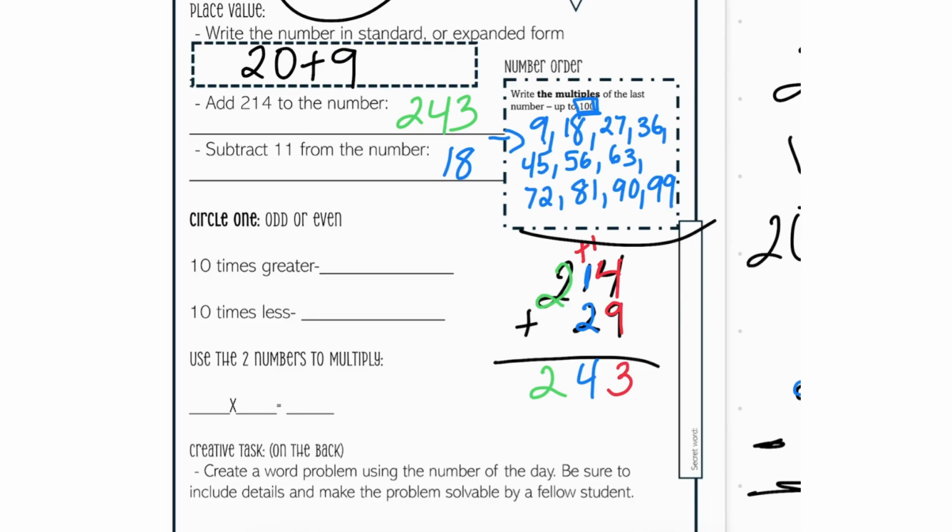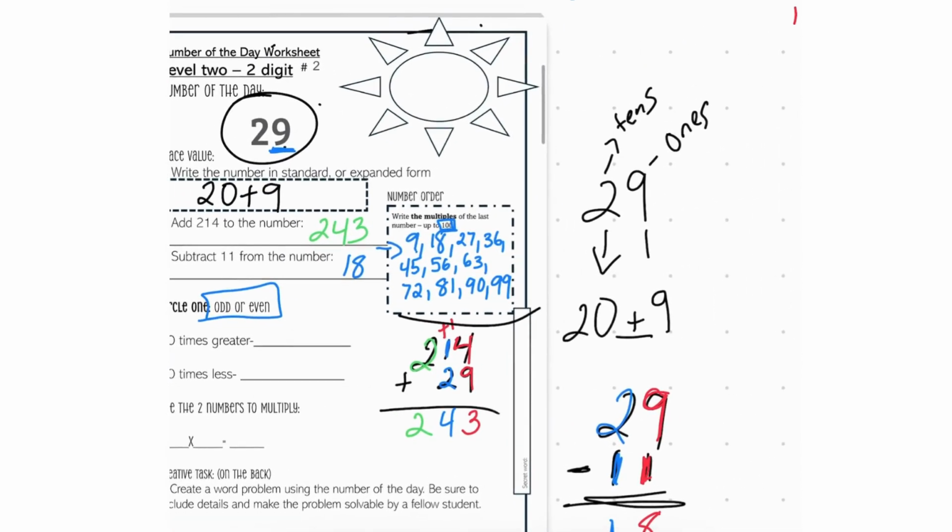And then looking at whether this number is odd or even, we've got to look at the last number to decide. Just to review, the even numbers are anything ending in 0, 2, 4, 6, 8. Who do we appreciate? If you've ever done a sport where afterwards you do a little cheer, I always call that my even cheer. So any of those numbers are going to be even.